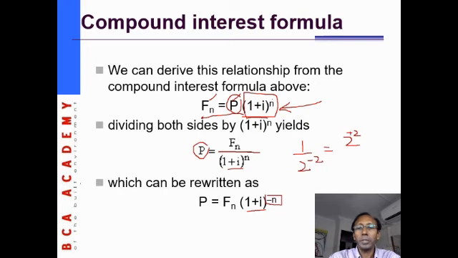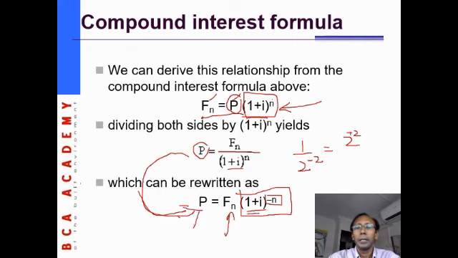Using this simple mathematical rule, I can rewrite this equation again over here as the present value is equal to the future value, which I know, multiplied by a factor. So this is how I will be able to calculate the present value. Therefore, how much is the net present value?